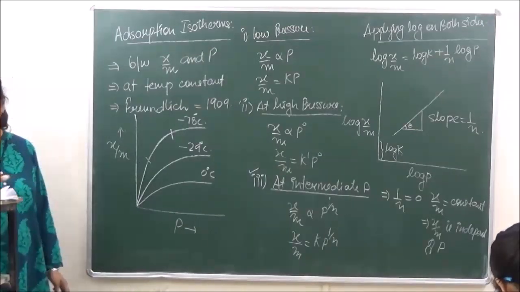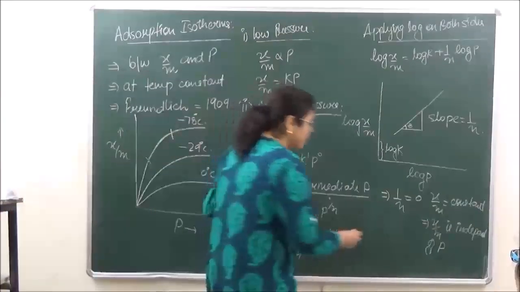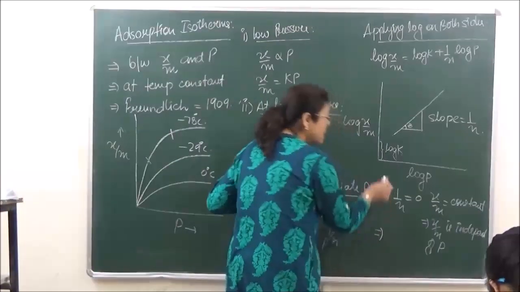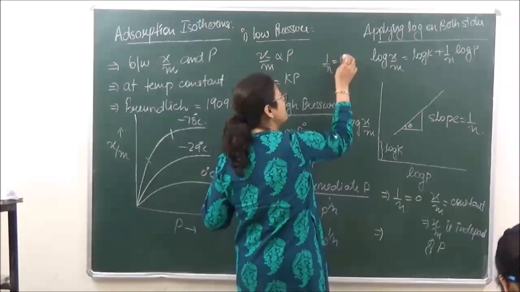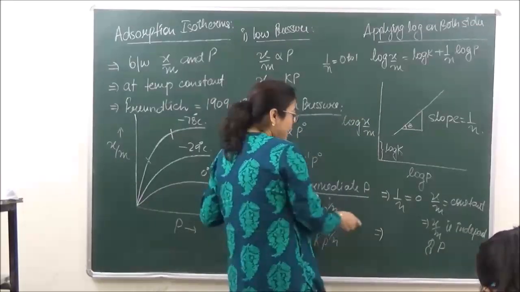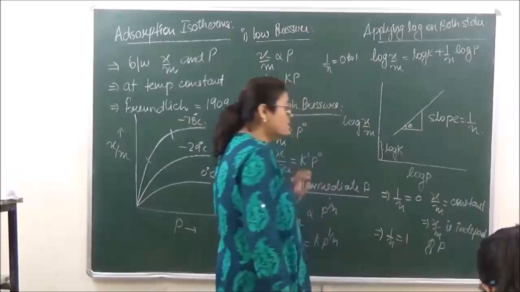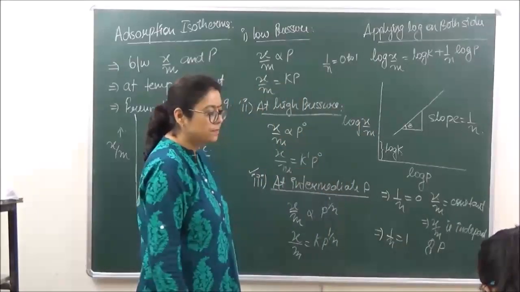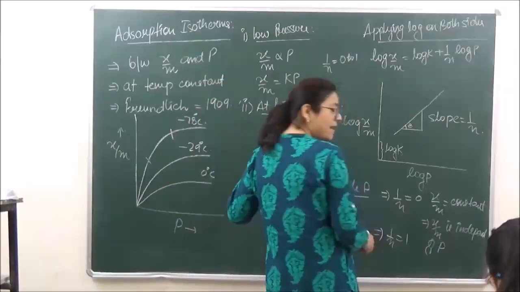Then second, what we have over here is, because we are saying that the value of 1 upon n can vary from 0 to 1, if the value of 1 upon n becomes equal to 1, in that case what will we have?